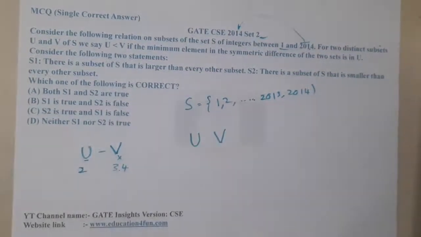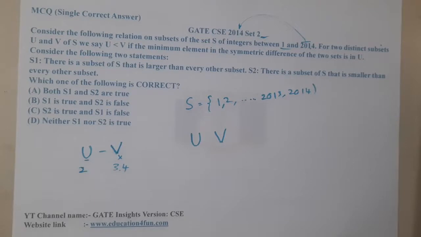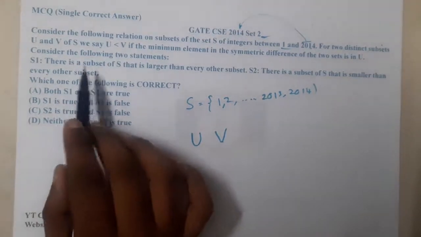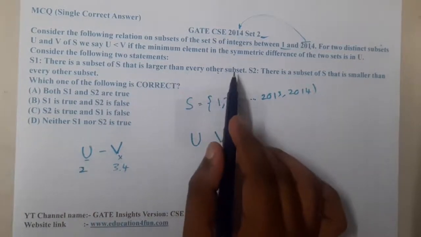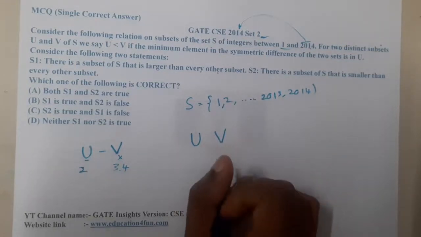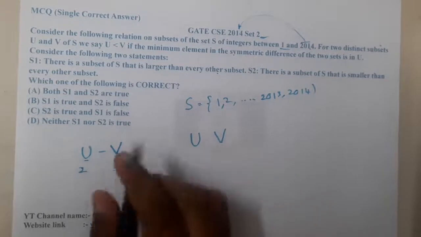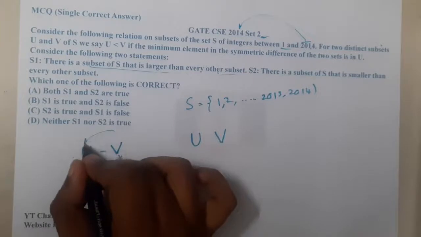Now let us go through the options. Option A says there is a subset of S that is larger than every other subset. The funny thing here is that he did not say which subset, whether it is the U subset or the V subset.